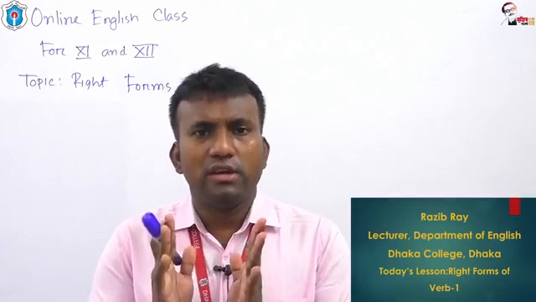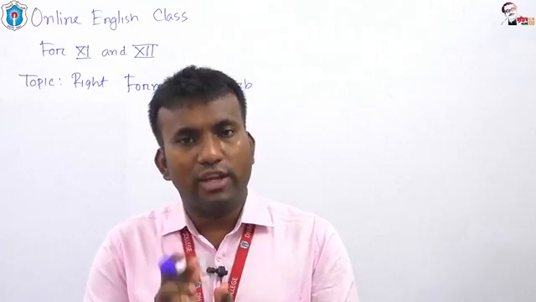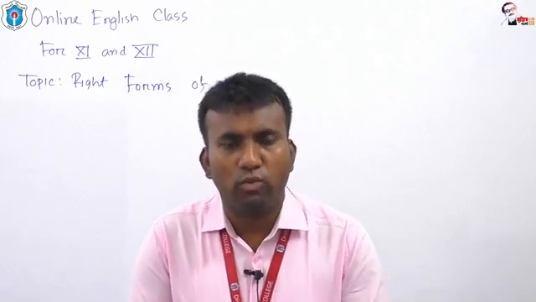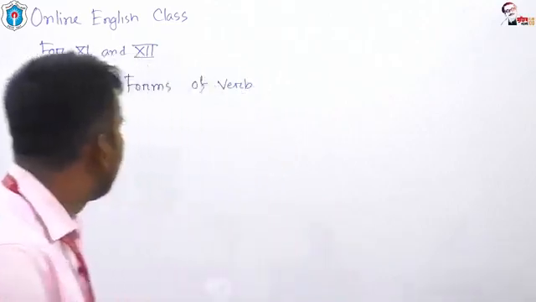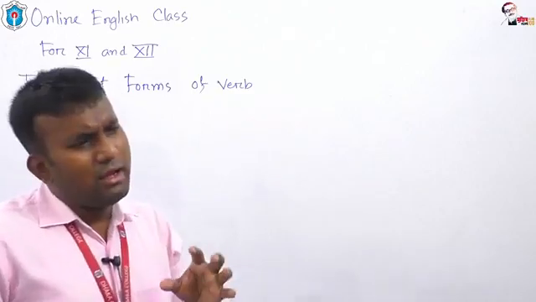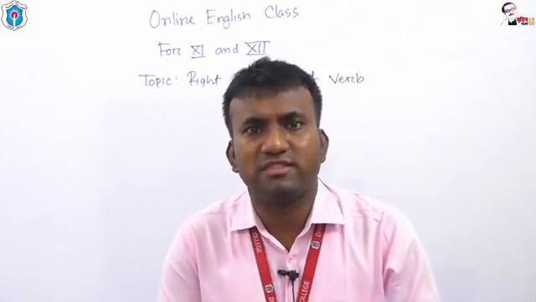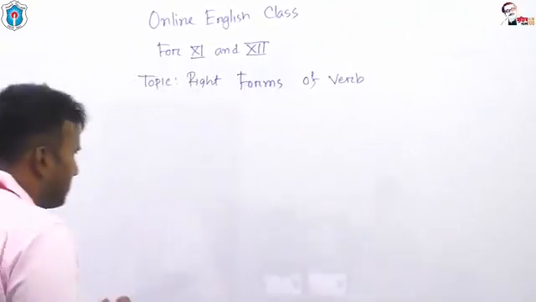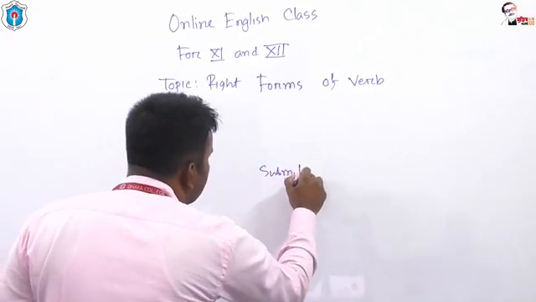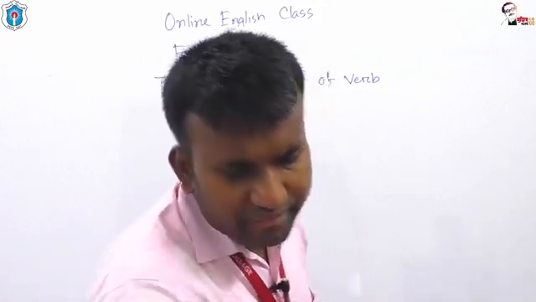But before starting the inner side, I'd like to focus on the definition of right forms of verb. Right forms of verb. What do you mean by that? Look at it. A verb has several forms. Suppose submit is a verb.